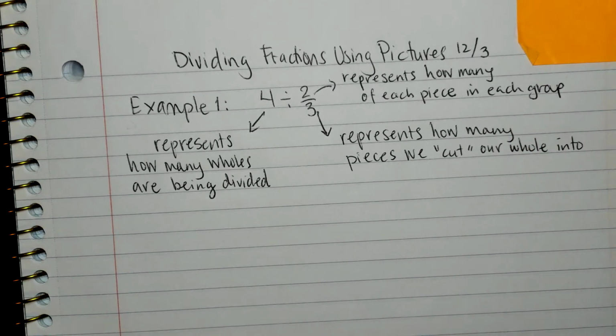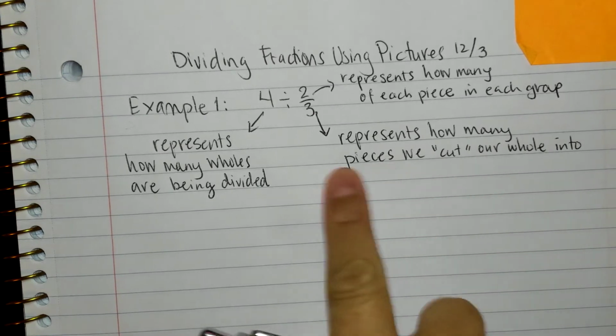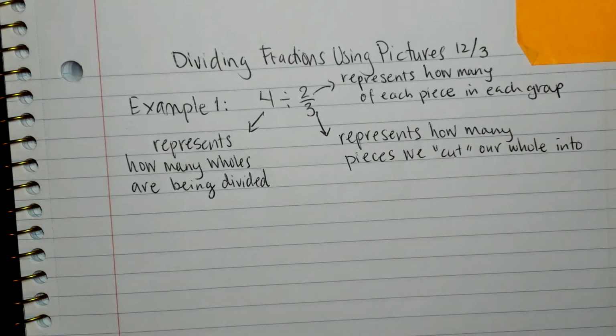Okay? So if I have a 1 on top, I'm not making a group, I'm just counting by ones. However, if I have a number other than 1 as my numerator, I'm going to have to make groups of the pieces that we cut. And again, oftentimes we can calculate this and get an answer, but we don't really understand what it is we're doing.